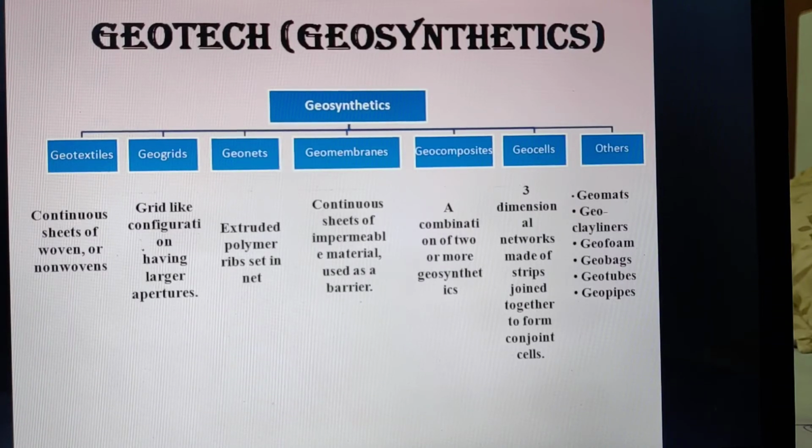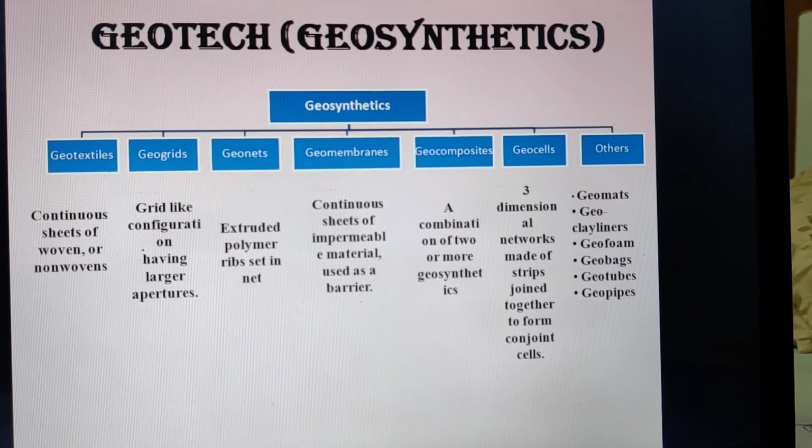Geotextiles are basically textile materials in sheet form, and they may be woven, non-woven, or sometimes knitted. Non-woven may be needle punched, and non-woven geotextiles may be mechanically bonded, chemically bonded, or heat bonded.